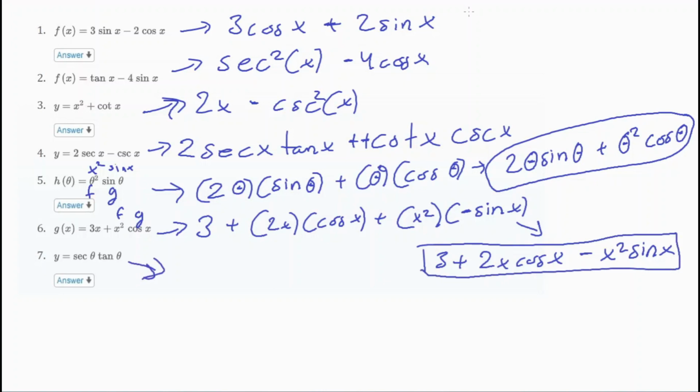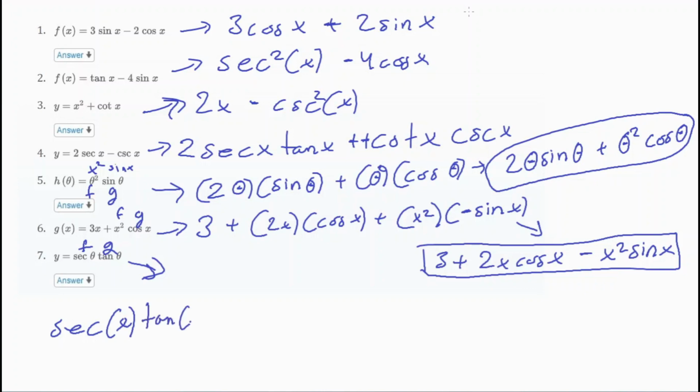And now at the end here we have secant times tangent, and here we have to use the product rule, which is f prime g plus f g prime. So f is secant, g is tan. So f prime is secant, and theta, I'm actually going to replace that with x just because theta is going to take me forever to write.